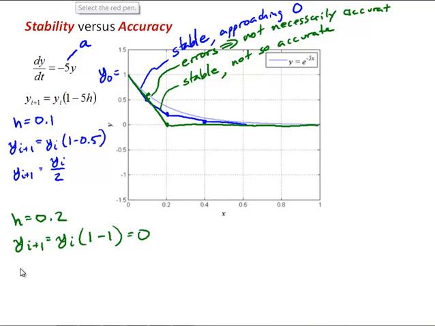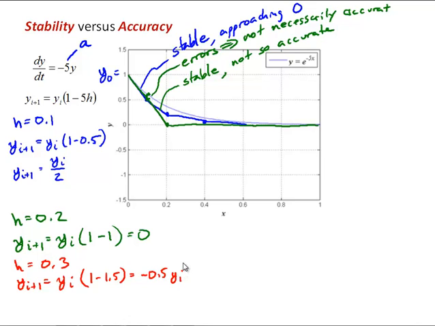So let's go one more step. h equals 0.3. If h equals 0.3, we get yi plus 1 is equal to yi times 1 minus 1.5. So we actually get negative 0.5 yi.